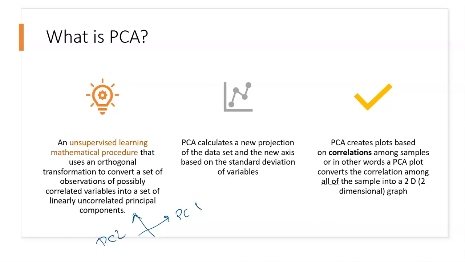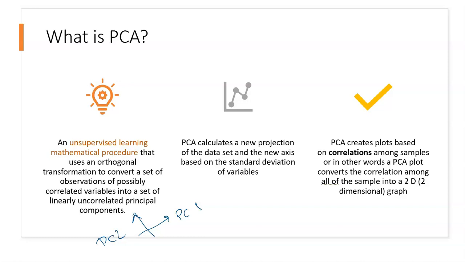These two components are orthogonal, that is, linearly independent, and it tries to capture the variance in all the variables. Basically, these 10 or 15, whatever number of variables you have, can be explained through these two components.